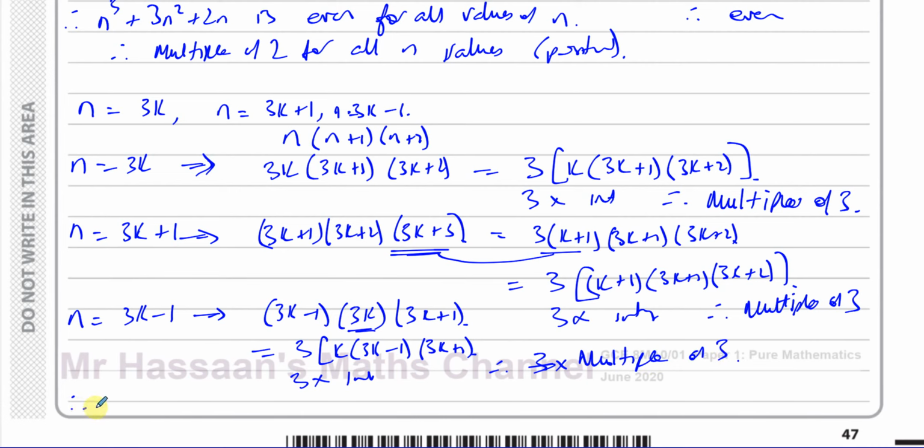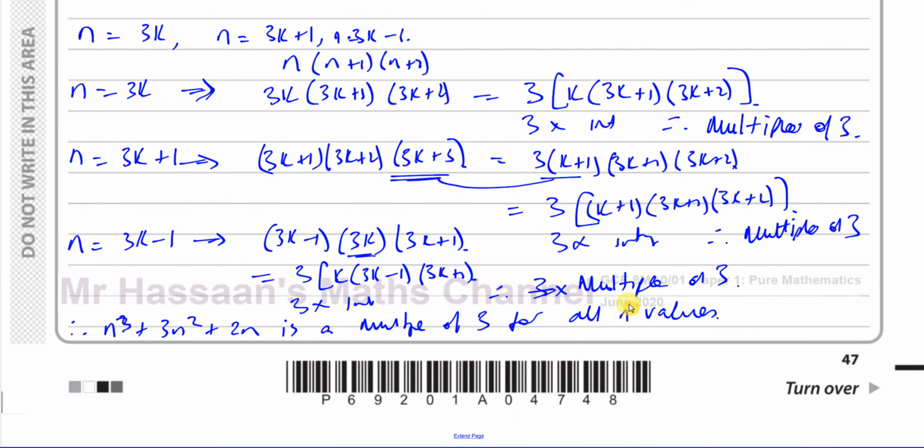So therefore, we've proved that n cubed plus 3n squared plus 2n is a multiple of 3 for all n values.